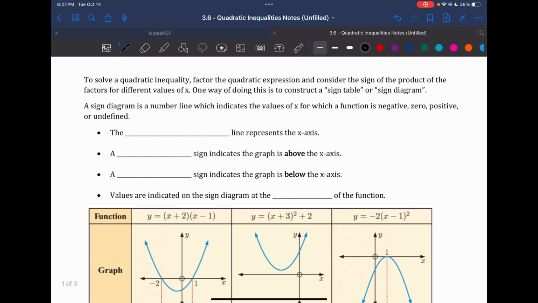The horizontal axis represents the x-axis. A positive sign, or you can just literally put a positive sign, indicates that the graph is actually above the x-axis, while a negative sign indicates it's below.